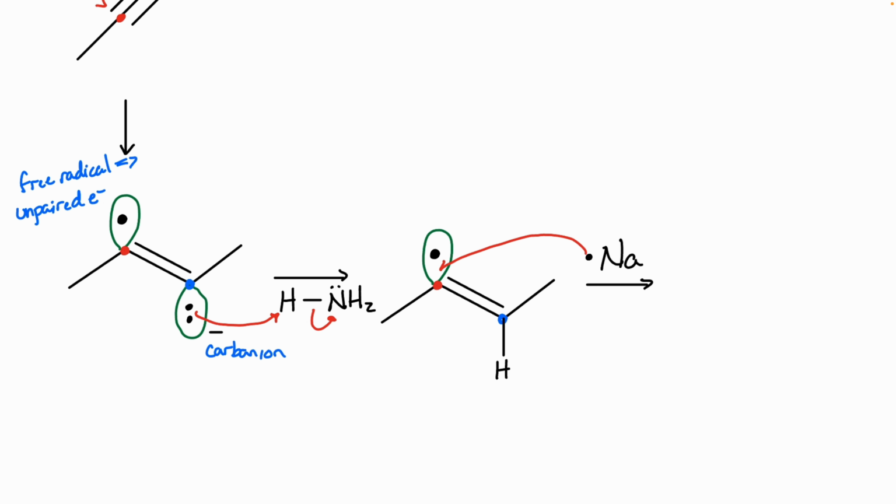So now we have a paired electron, an anion.